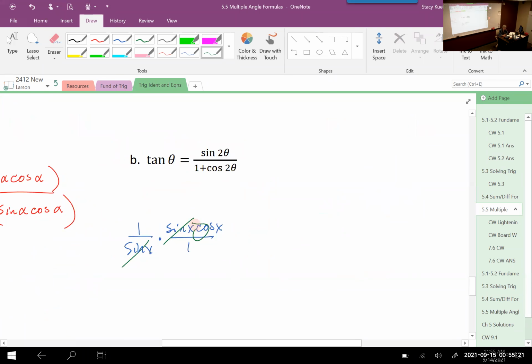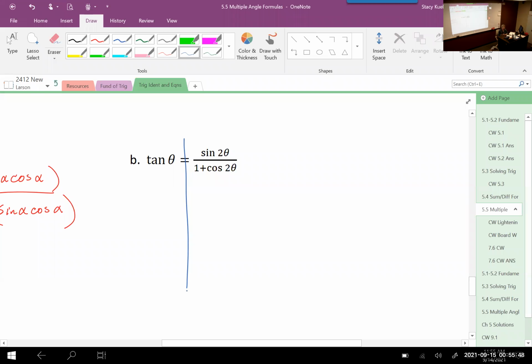Here we have the last one. Tan theta is equal to sine 2 theta over 1 plus cosine 2 theta. I must have gotten tired of solving everything on the left-hand side. Once again, we're gonna start on the right-hand side.